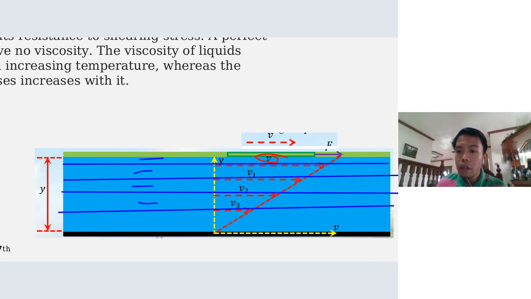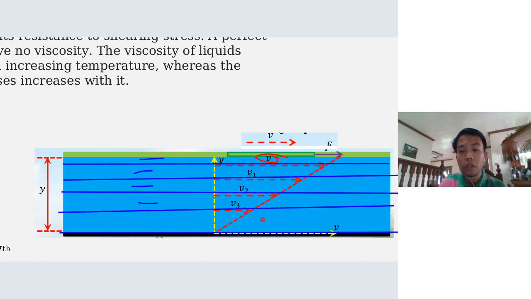Well, at the bottom of this container, meron tayong solid bottom, right? So, yung tubig dito will experience friction. Okay?